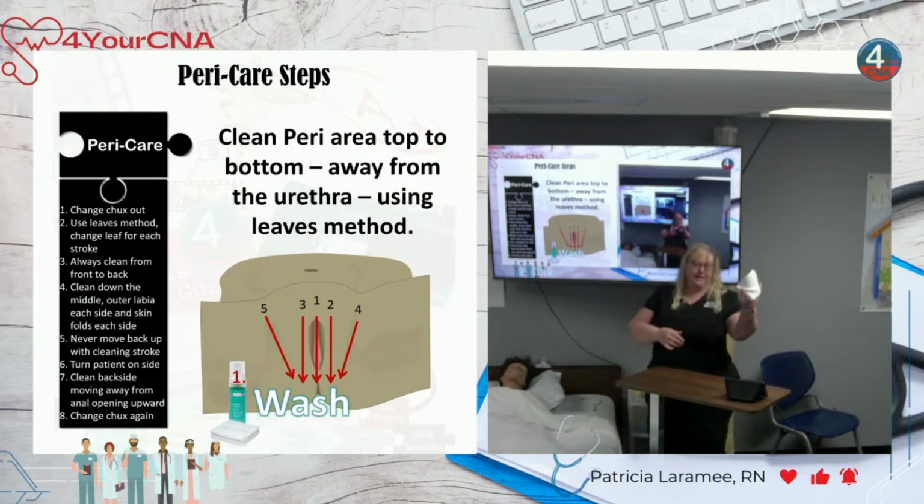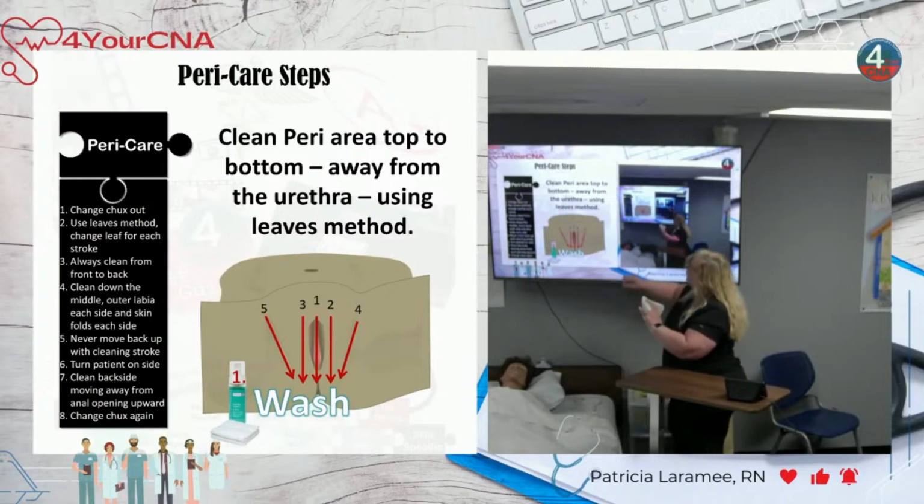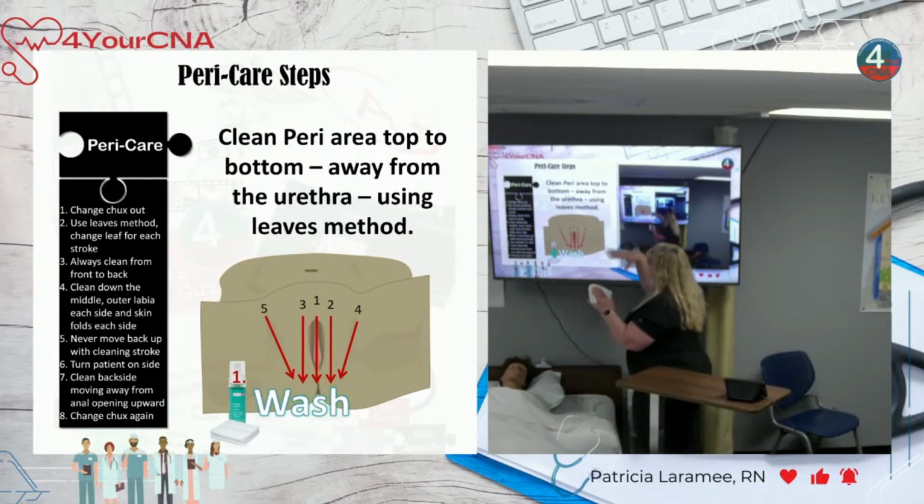Tuck the two side pieces in. We're going to hold her open just a little bit, not a lot, just a little bit, to get down the inside middle, and it's always one direction, top to bottom. We'll move away and fold that over. Now we're going to clean down the outside, top to bottom on one side, fold that over.